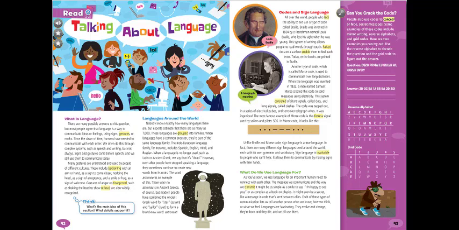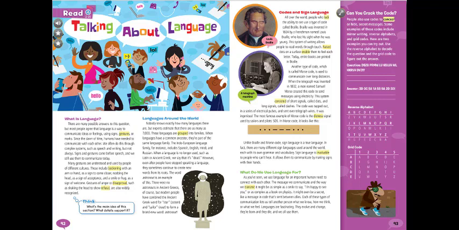Another type of code, which is called Morse code, is used to communicate over long distances. When the telegraph was invented in 1832, a man named Samuel Morse created this code to send messages using electricity. This system consisted of short signals called dots and long signals called dashes.